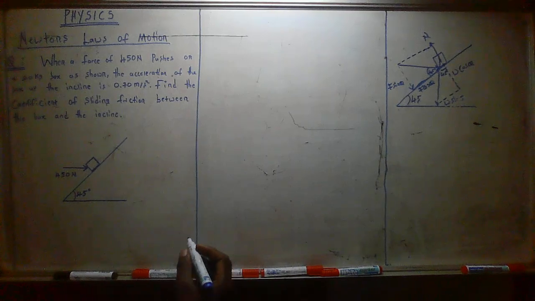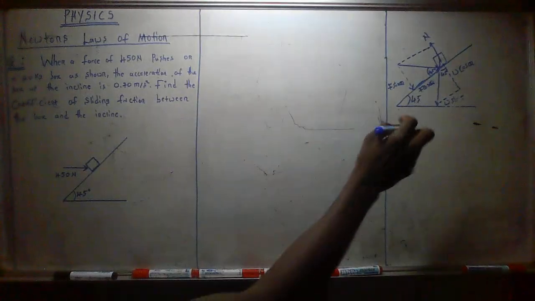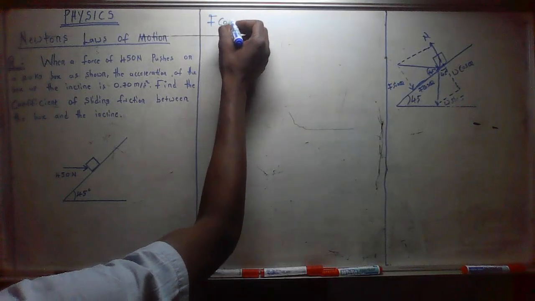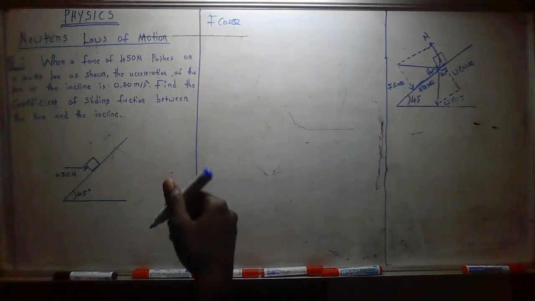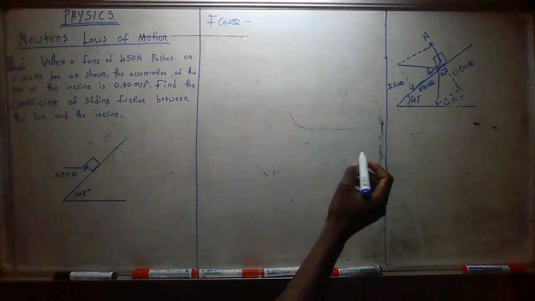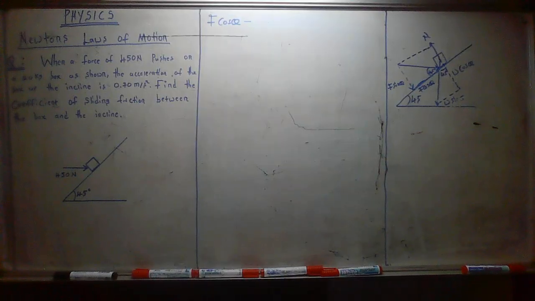So therefore, the force that will cause this box to move upward will be F cos theta. And what forces will be acting against the F cos theta? The first one will be W sin theta, which will be acting downward. That is the result of gravity, right?